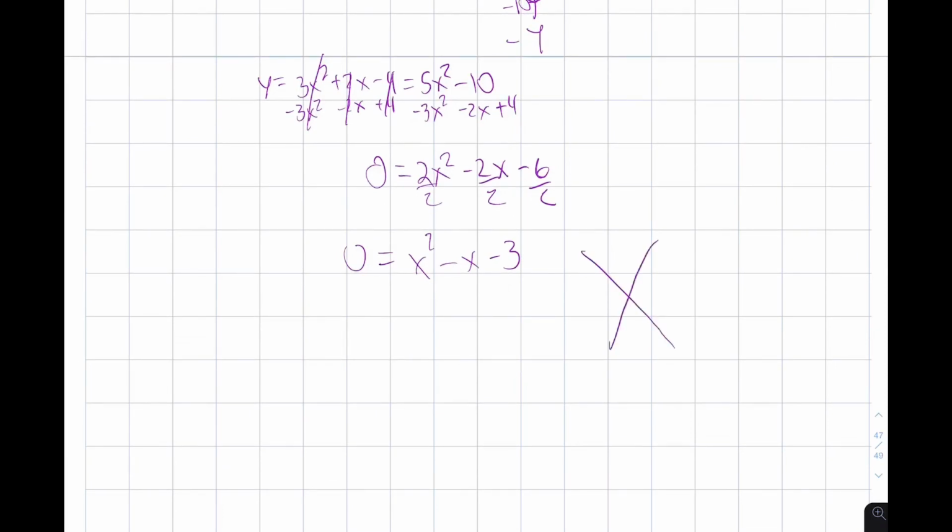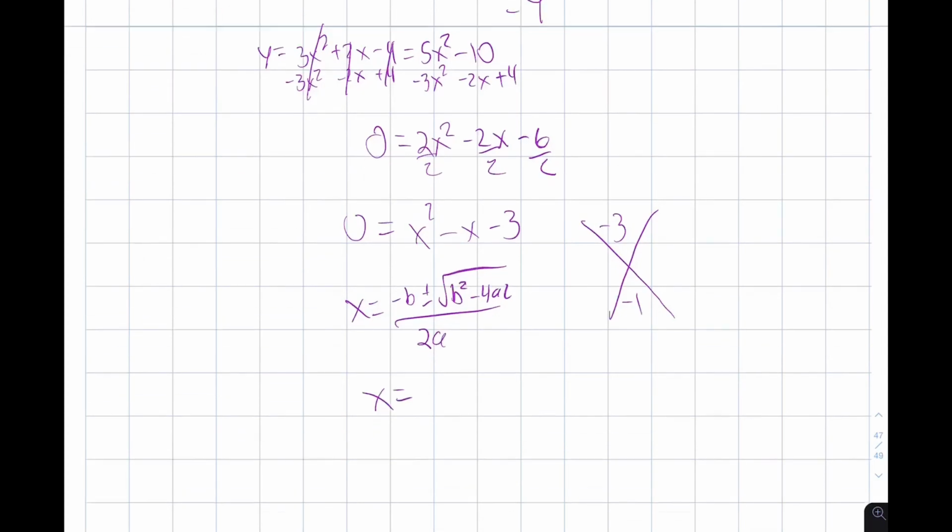Let's see if I can factor that. A negative 3, a minus 1. No. There's no way you can multiply to get negative 3 and add to get negative 1. So that means we have to use the quadratic formula. X equals negative b plus or minus square root b squared minus 4ac divided by 2a.